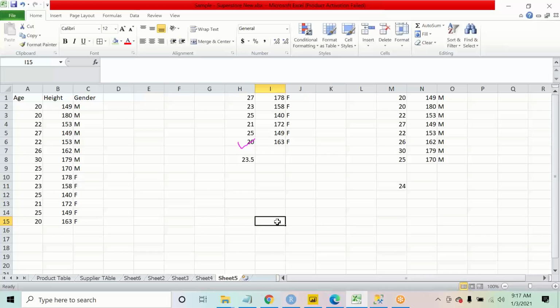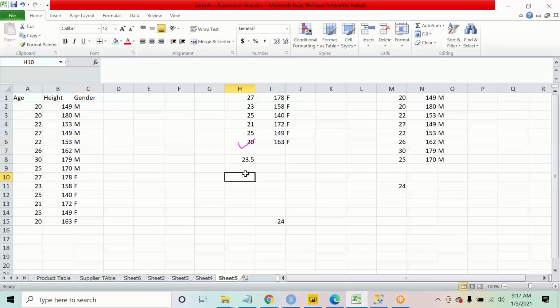If I tell you that the age of a person is 24, will you be in a position to tell whether that person is male or female? No, right? Because the means are very near to each other. The average values for these two classes on the basis of age are very near to each other, so it will be very difficult for you.